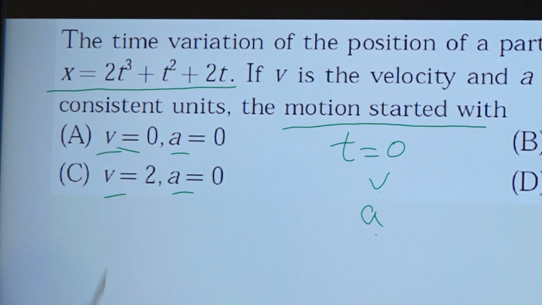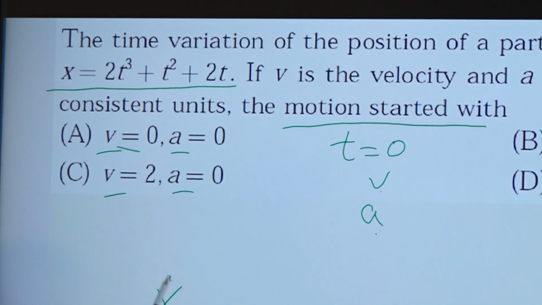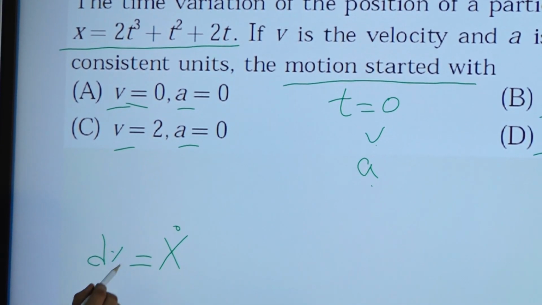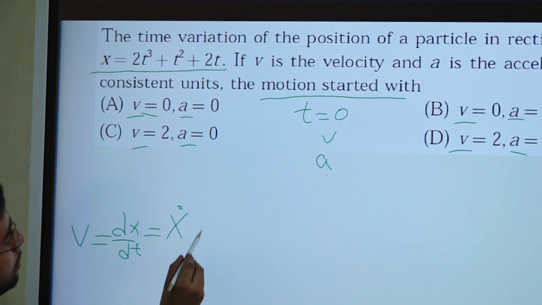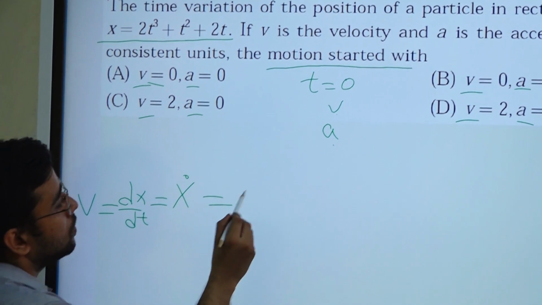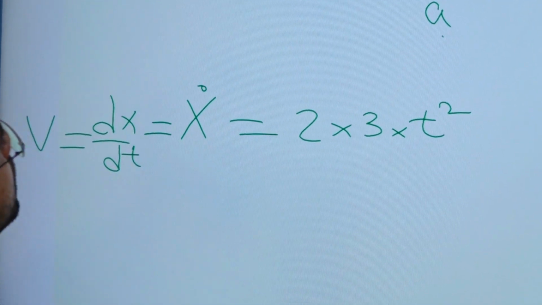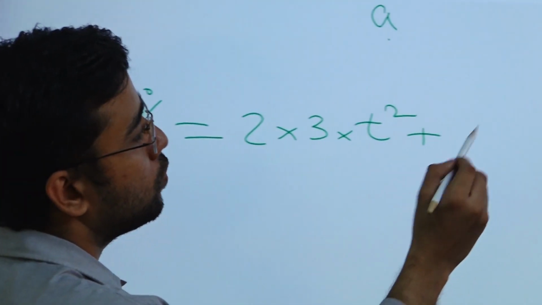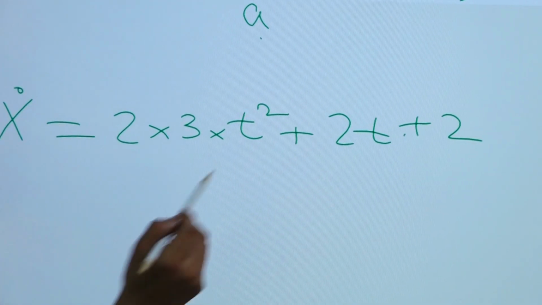So x is equal to 2t cube plus t square plus 2t, then x dot, that is dx by dt, that is velocity, will be equal to 2 into 3 into t square, once you differentiate it, plus 2t plus 2. Now you have to replace t with 0.